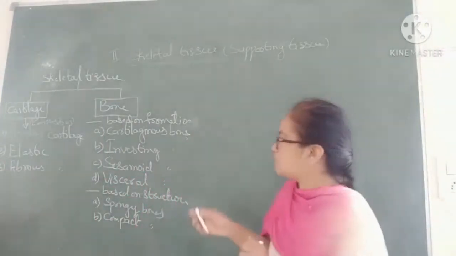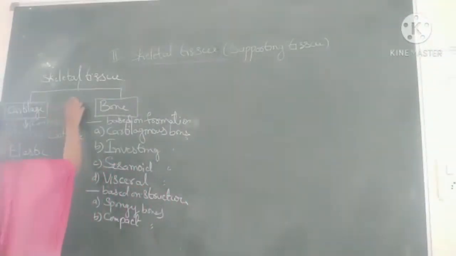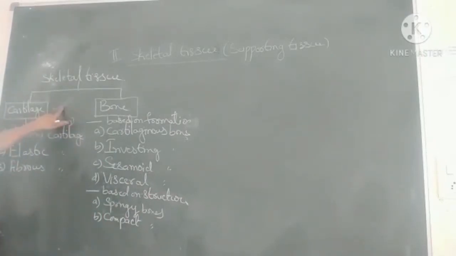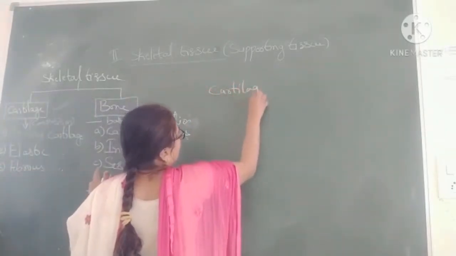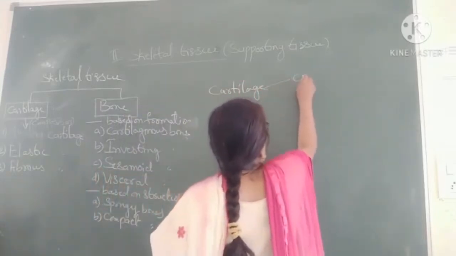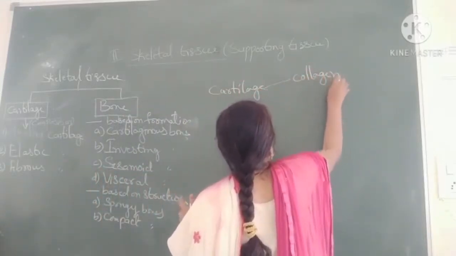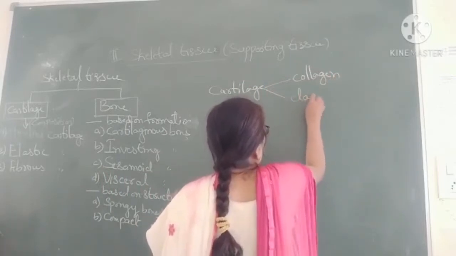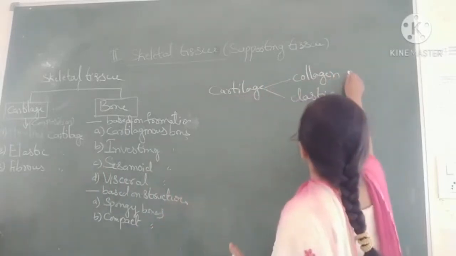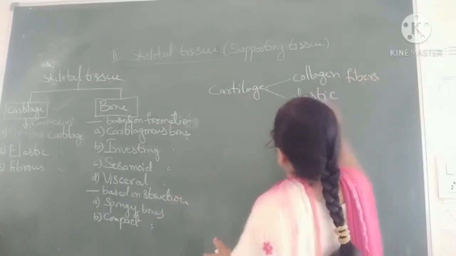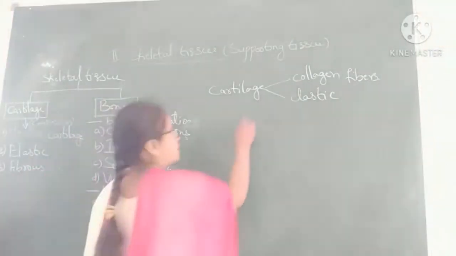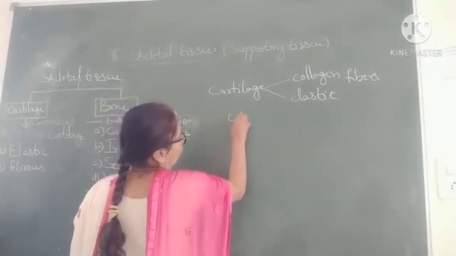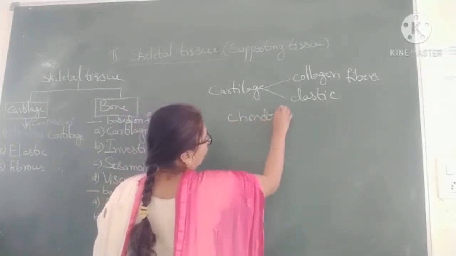Cartilage contains collagen fibers and elastic fibers, and some matrix-secreting cells are also present. They are called chondroblasts.